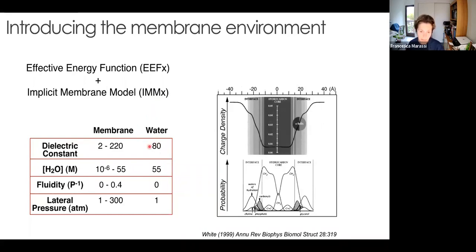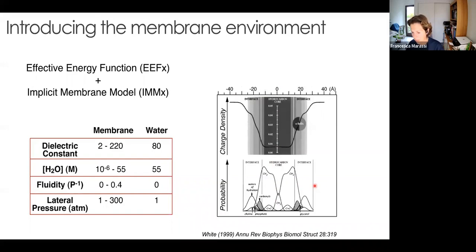The amount of water, the concentration of water also ranges dramatically. Lateral pressure, fluidity, all of these parameters really vary from the outer aqueous regions of the membrane to the inner hydrophobic hydrocarbon core.